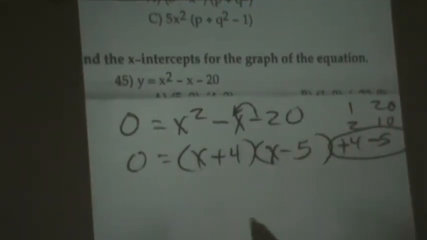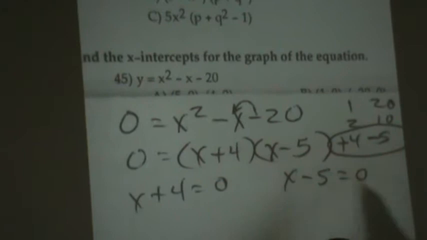Subtract to give you 1. You need a negative 1, so you need negative 5. Set each factor equal to 0. Okay, so you have negative 4 and positive 5.